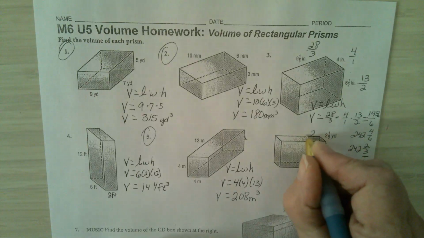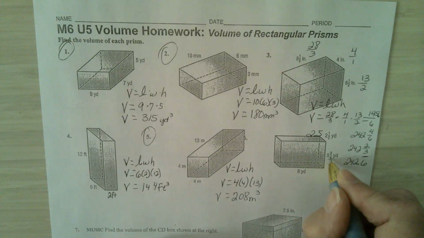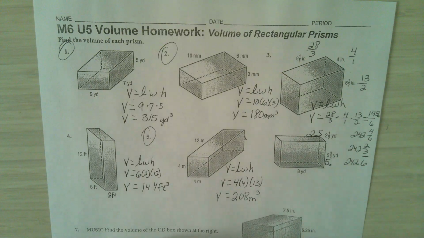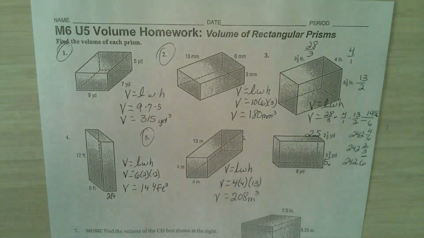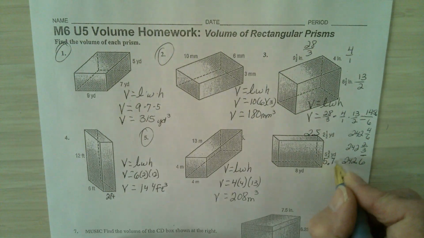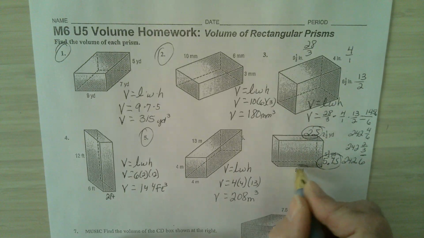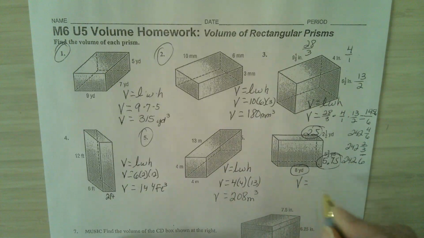Very good, Vanessa. What will be the decimal for 5 3/4? 5 point. Who knows what's the decimal for 3/4? Willow. That's right. 3/4 is 75 cents. Okay, so you're going to take 2.5 times 5.75 times 8.